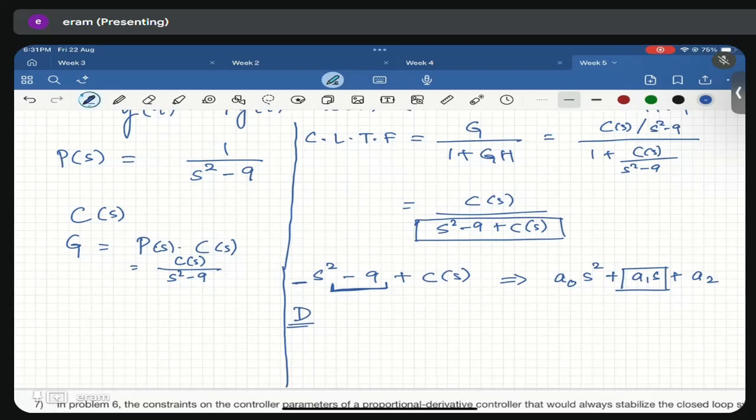We can compensate it by incorporating a constant such that their sum is greater than 0. This we can achieve using a proportional controller. So if C(s) has the structure Kp plus s Kd, then my characteristic equation will look like s square minus 9 plus Kp plus s Kd.